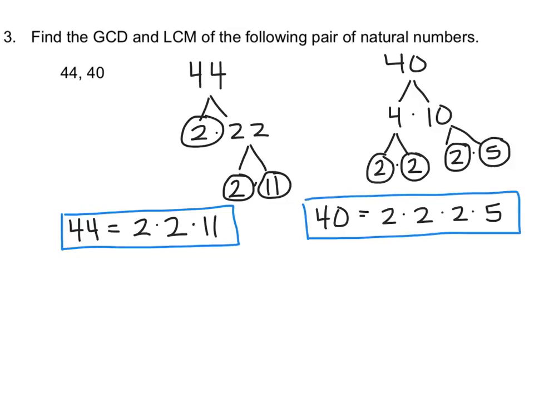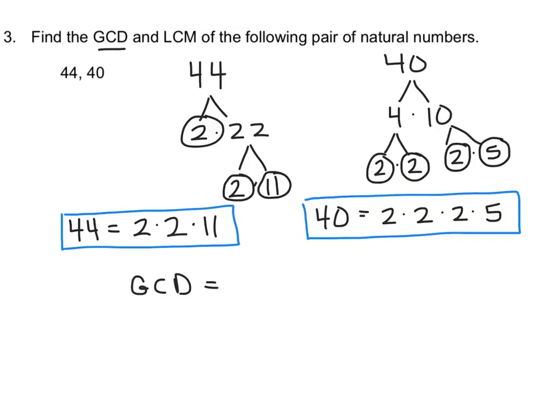Now we're going to find the GCD, and this is the greatest common divisor. To find the greatest common divisor, we're going to look at the factors of both numbers and list the factors that they have in common. We're also going to list the common number of times that each factor appears.